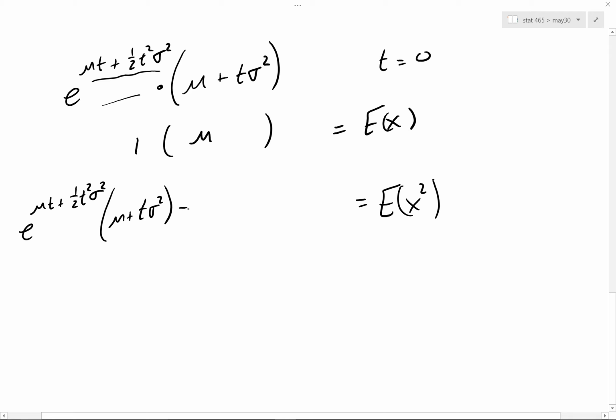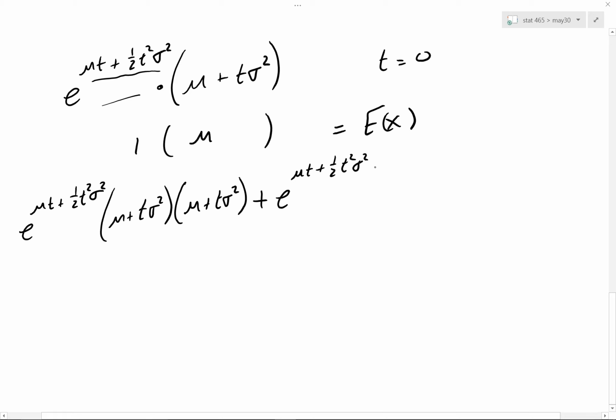And then plus the derivative of the first times the second, plus the first times the derivative of the second with respect to t, so it would just be sigma squared. Does it make sense? Okay, this is the expected value of x squared.